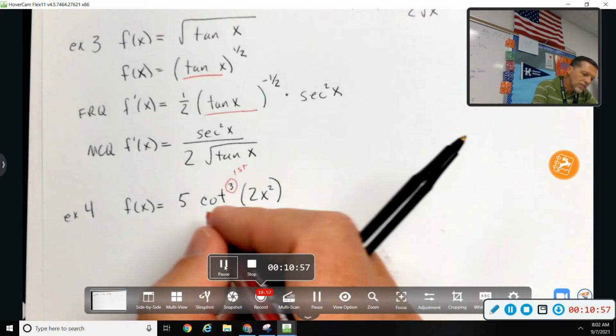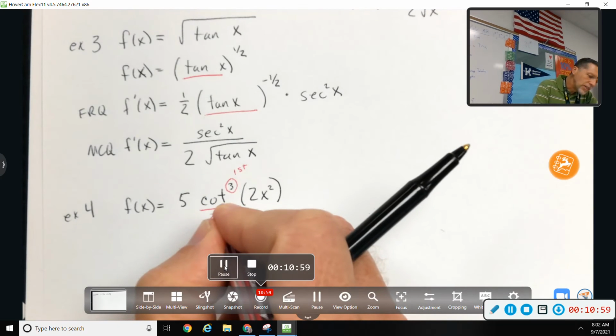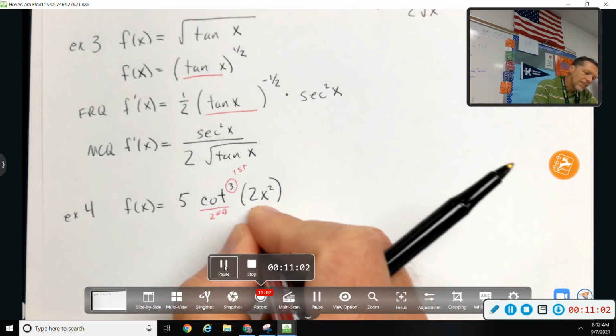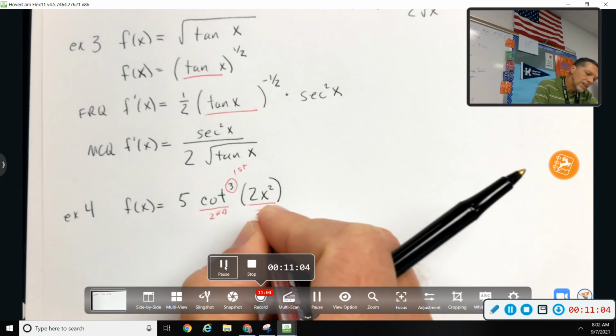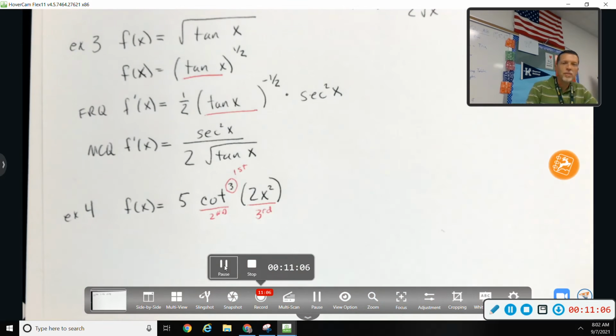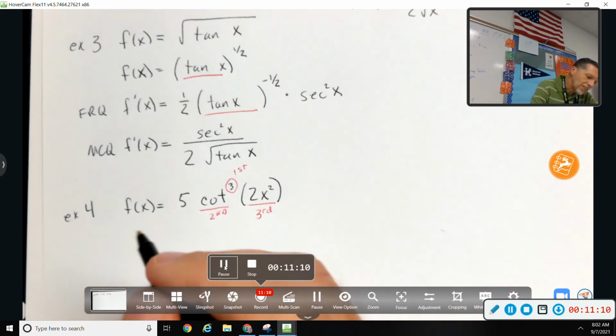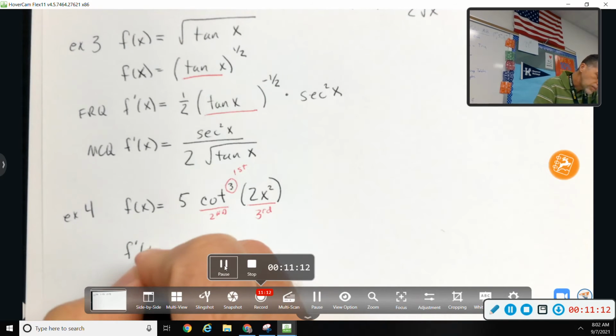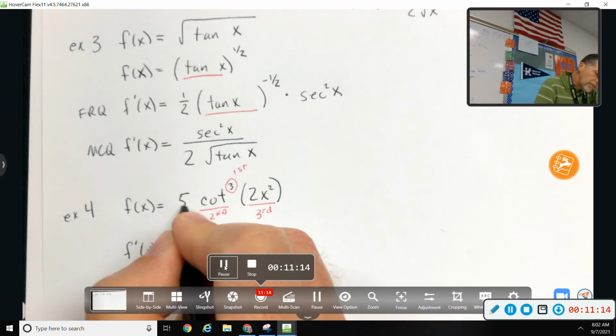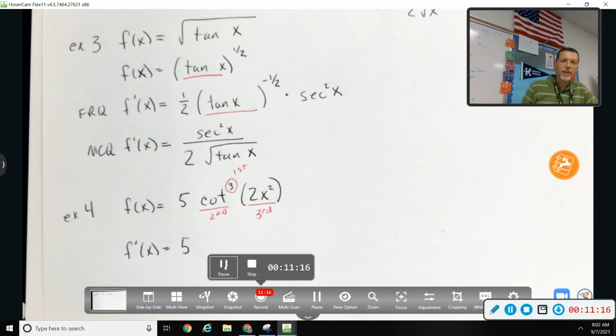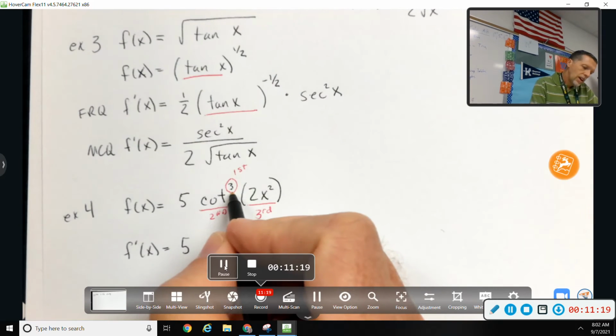The cotangent. So I'll do the derivative of that second. And then lastly, I'll take care of the 2x squared. That's my bubble gum on the inside there. So this is really going to be chained together here. Okay, 5's a constant. He can just go along for the ride. Handle the cube.